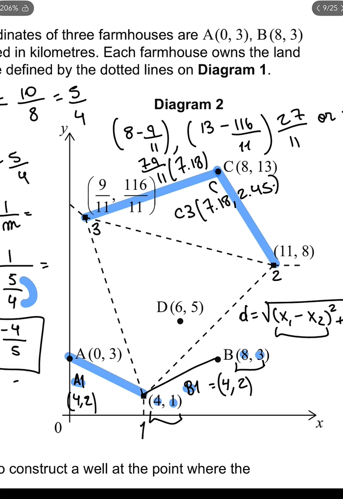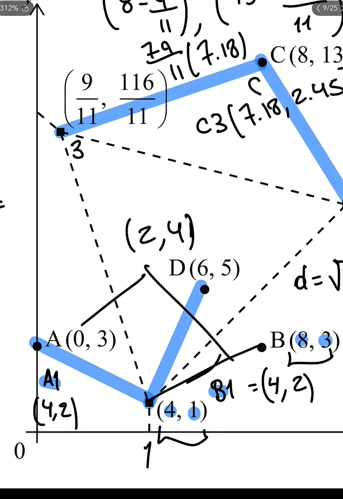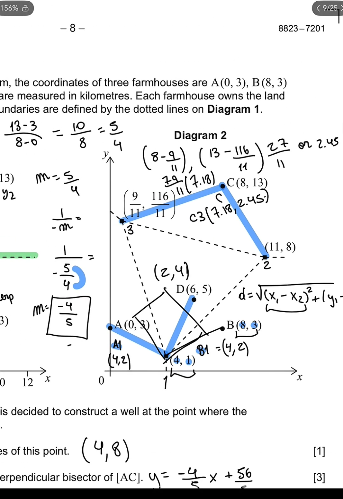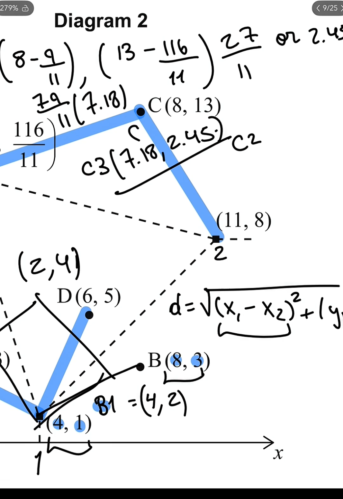And if I just take a quick look between D and 1 here, I can see that my x component would be 6 minus 4, which is 2, and my y component 4, which will give also the same distance. Now, let's see if C2 has also this big difference as C3.